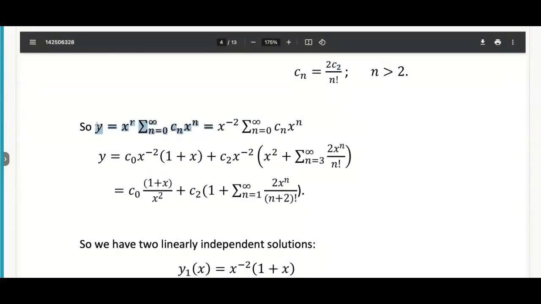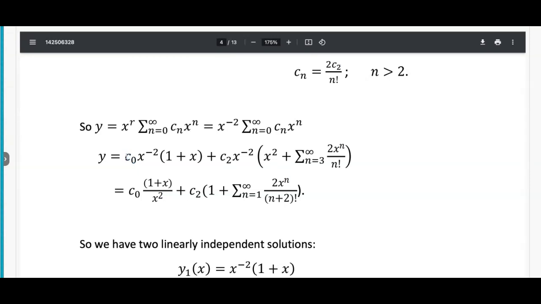So if r equals -2, we have such a solution. So C0 and C2, because C0, C1, we didn't get anything, both are 0 terms.